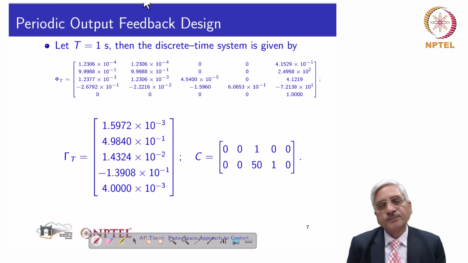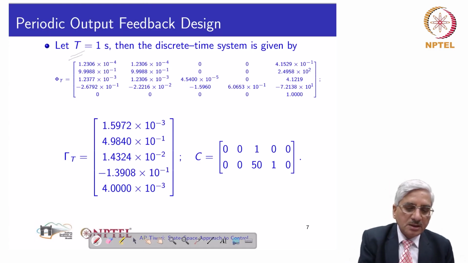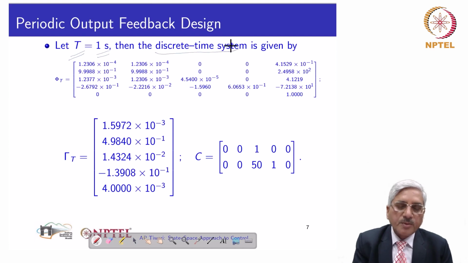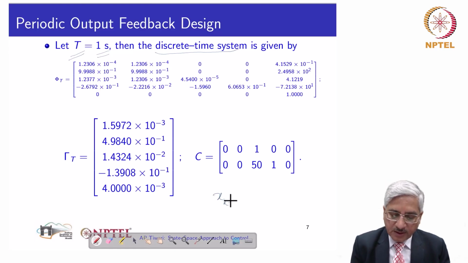Now, as we can recall, in the periodic output feedback design, the output is sampled at larger intervals of time, which is denoted by T here, and the value is assumed to be 1 second. And the discrete time system corresponding to the sampling at 1 second sampling interval will be given by this expression: x(k+1) is Phi x(k) plus Gamma u(k), and y(k) is C x(k).